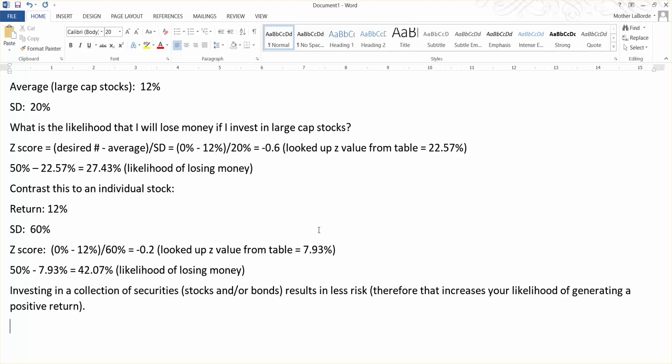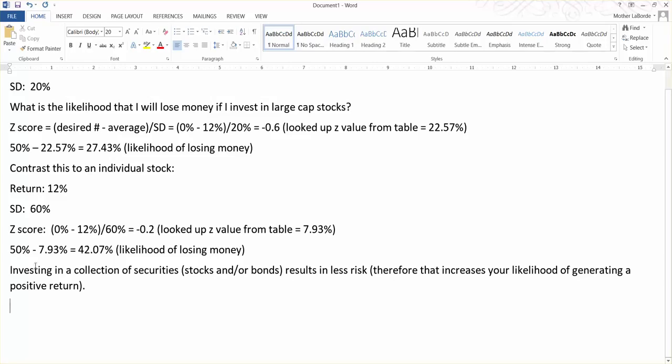Also, it's relatively expensive to purchase stocks directly because I may have mentioned this before.